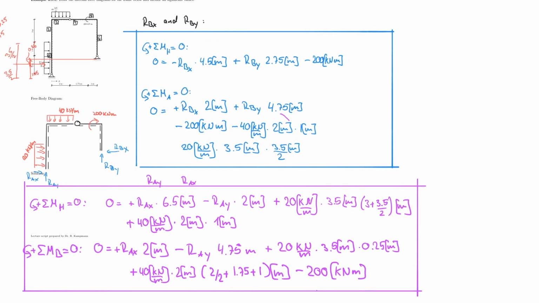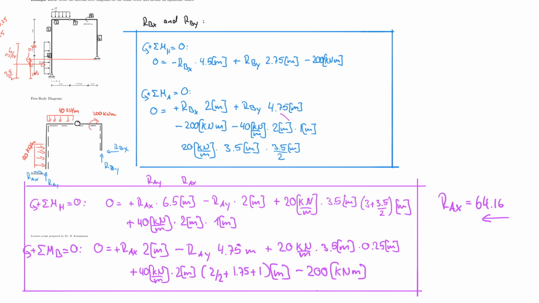I will just now provide the numerical values, and I would have found that Rax is actually equal to 64.16, but to the left. That's important. So my result would have been negative, but I don't use negative values in my drawing.